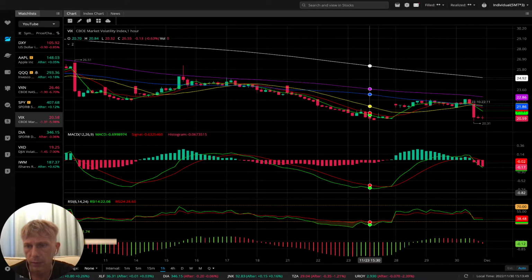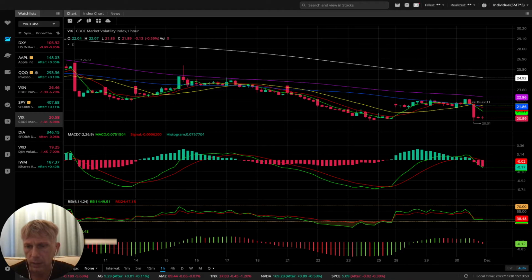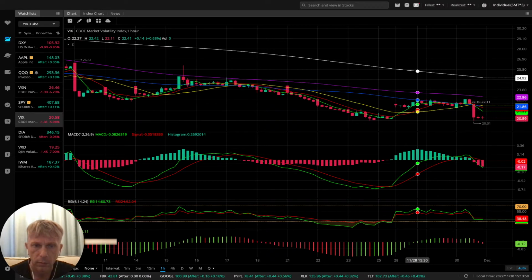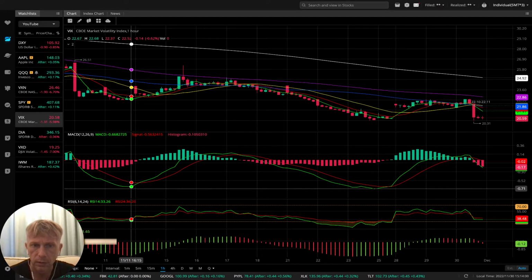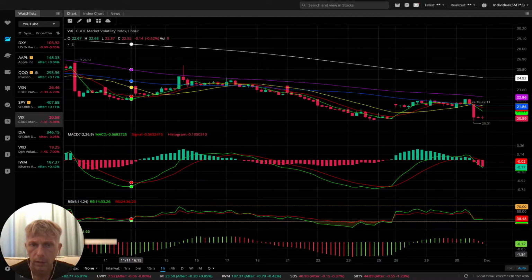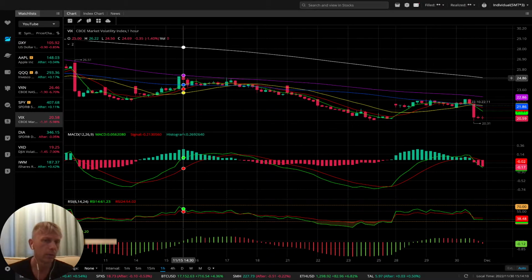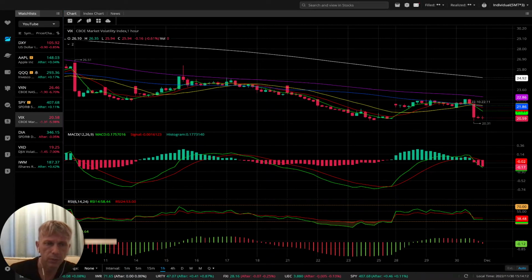MACD, it's an uptrend, RSI uptrend, awesome oscillator uptrend, bullish divergences on 1 hour. Bullish divergences on all indicators. 1 hour, it's bearish for SPY.